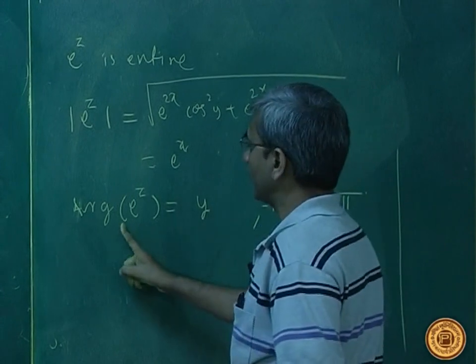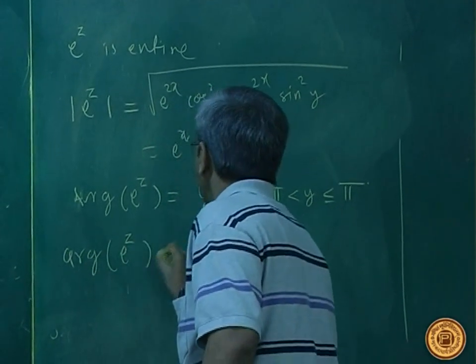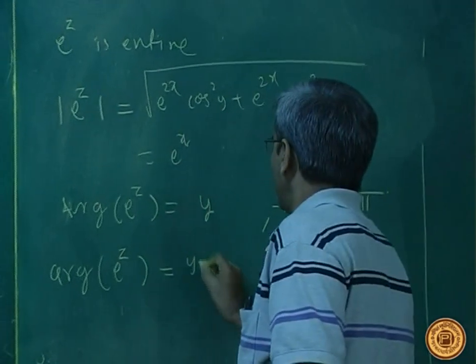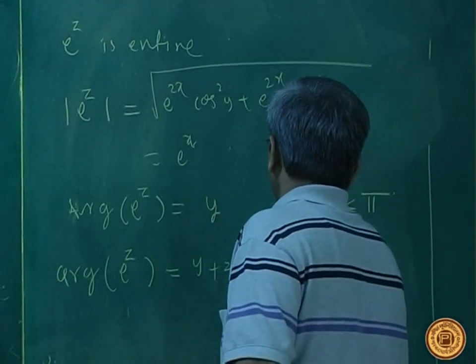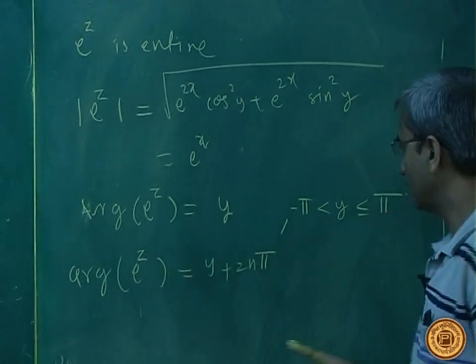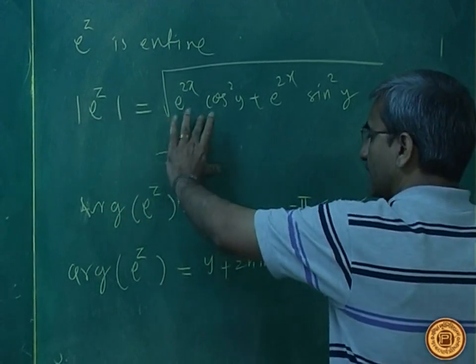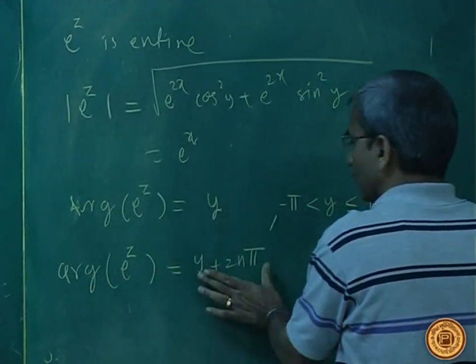So principal argument. If you want any argument, it is then y plus 2n pi. You may add to the argument, you get again the argument. Okay. So mod of the exponential function is e to the power x and argument is y.